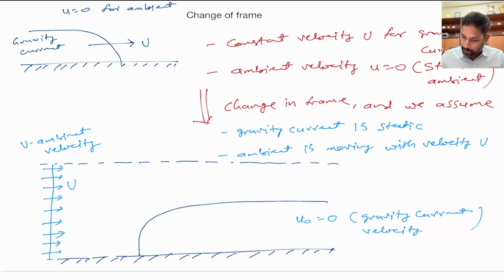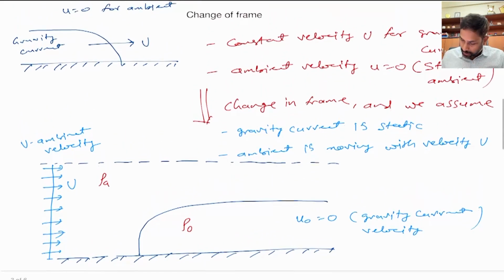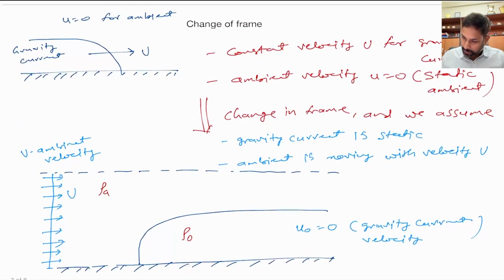Okay, and here we will assume that ambient density is rho a, gravity current density is rho naught, and u naught is 0.